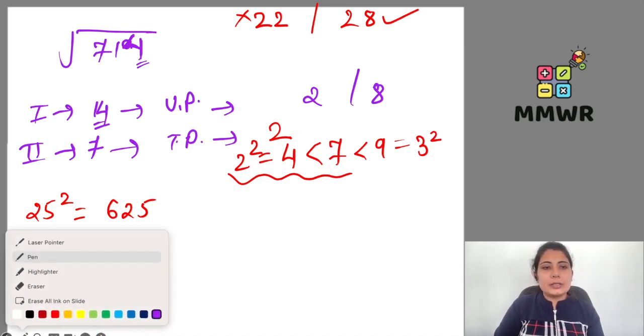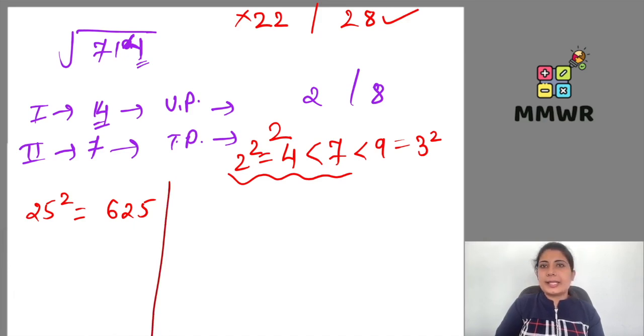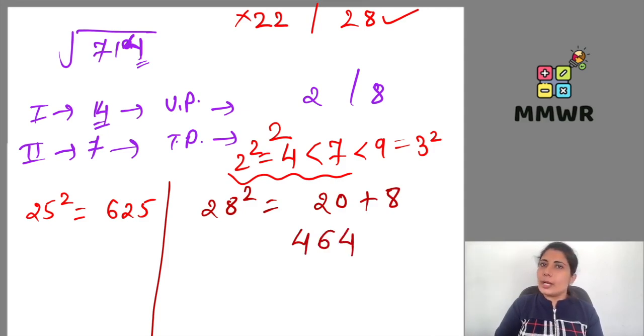Let's quickly do it for the next case, 28 square. Let's find out the square of 28, for which I am breaking the number. So 20 square will be 400. 8 square is 64. 464. 2 multiply 20 multiply 8 gives me 320.